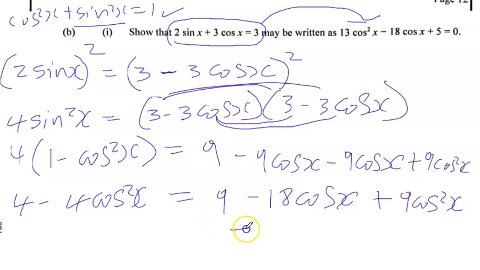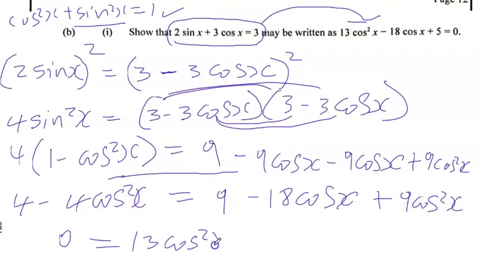So we can group everything on the one side now. Let's group everything on the right hand side. So we have 9 cos²x. Bring over this negative 4 cos²x, so we are with positive 4 cos²x plus 9 cos²x. That's 13 cos²x. And we already have our minus 18 cos x.